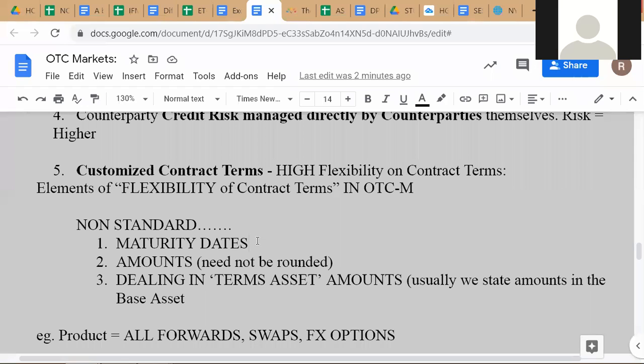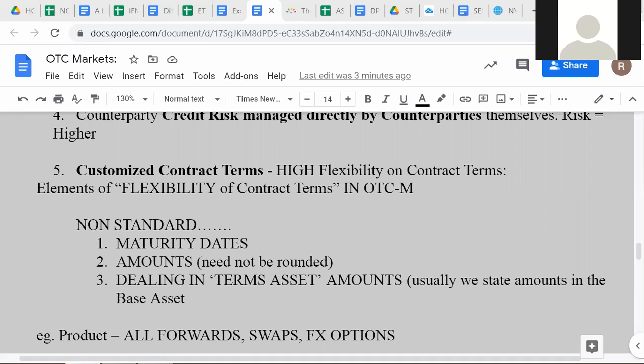In the sense that normally when you have forward prices being quoted, they are for standard tenors. I'll just try to pull up the forward rates in the meantime. So the point is that Nestle can ask for an odd amount, say 10,350,199 US dollars against Swiss francs.